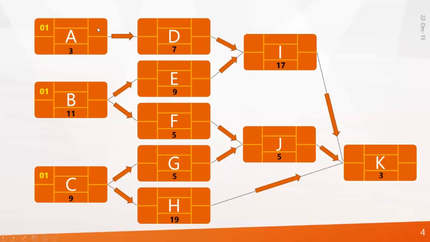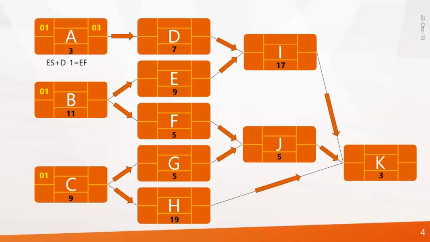So the calculation is: early start plus duration minus 1 gives you the early finish. That is 1 plus 3 makes 4, 4 minus 1 gives you 3.